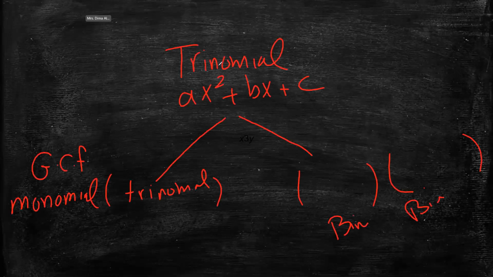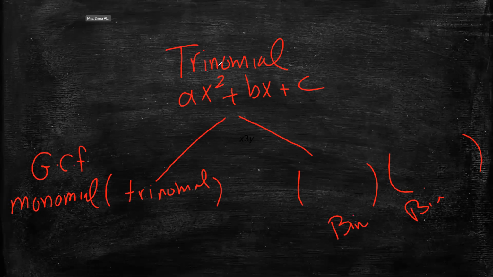So if I want now to write the factored form of any trinomial, you can do it in two steps. Here you have this trinomial. This trinomial can be factored in two ways.